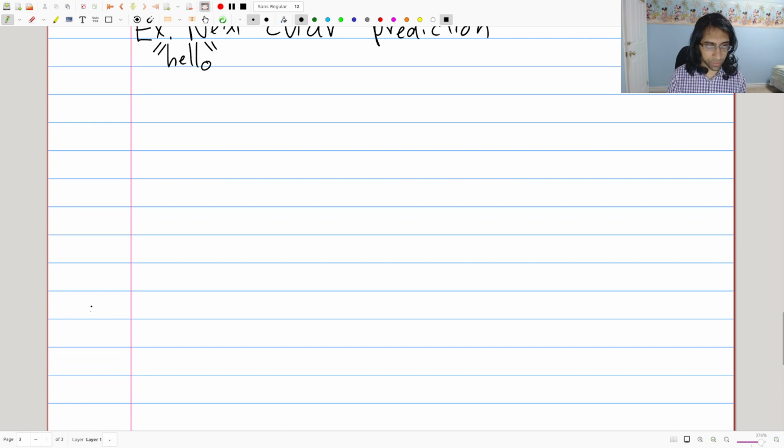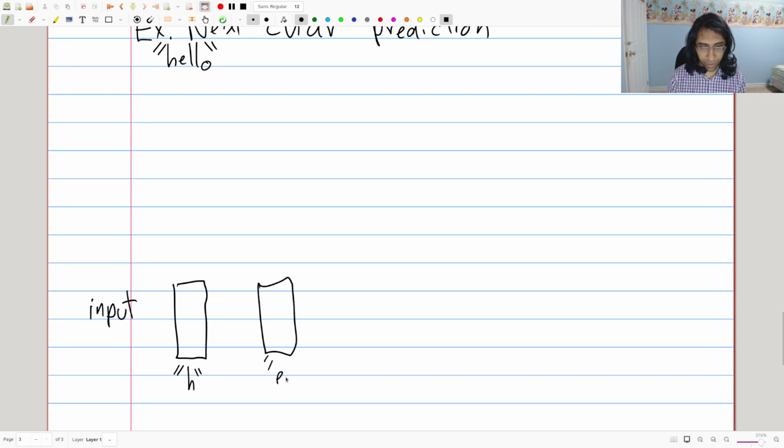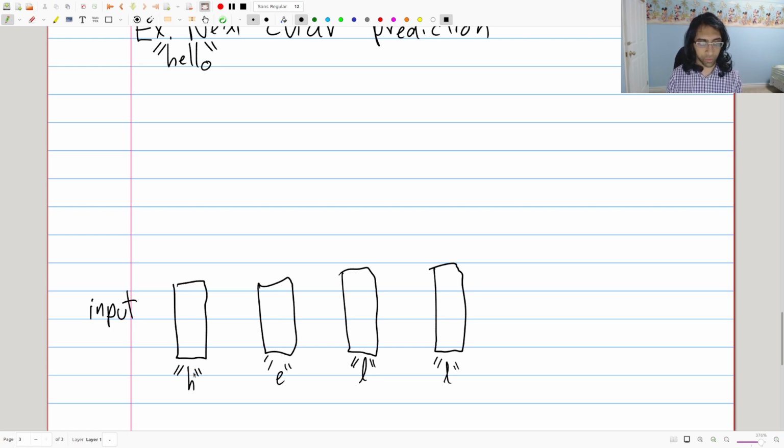So that's the idea of what we're going to do. Let me write this out. Our input layer will look something like this. We're going to feed in H, E, L, L, and then O is going to be the last prediction. You might first wonder how exactly we feed a character into a neural network. In general, you have to find some way to convert a character into a vector.